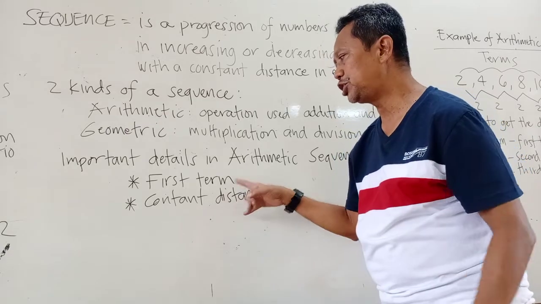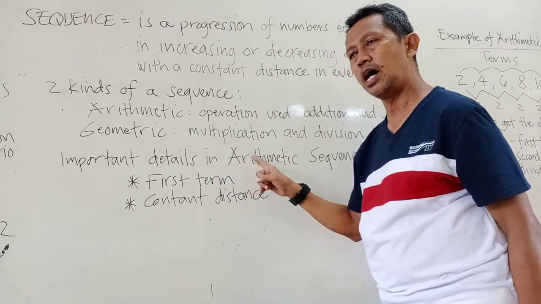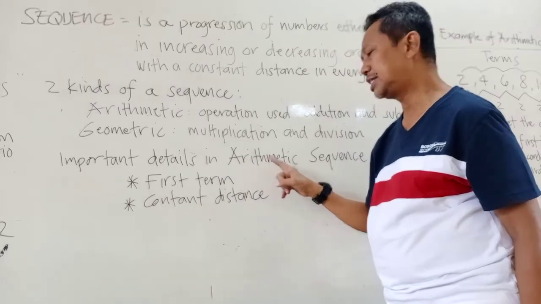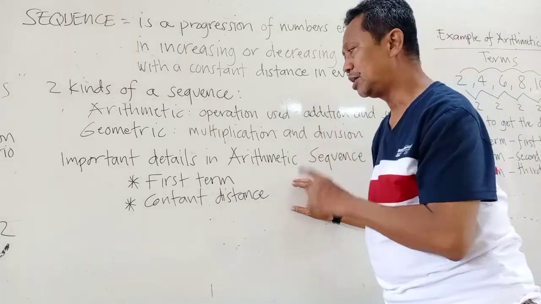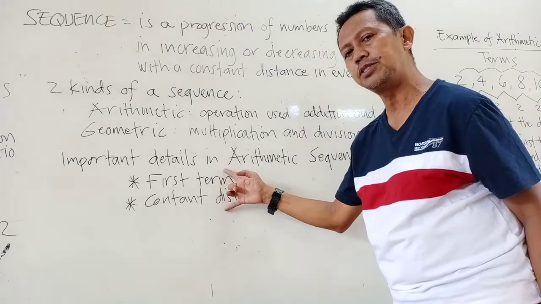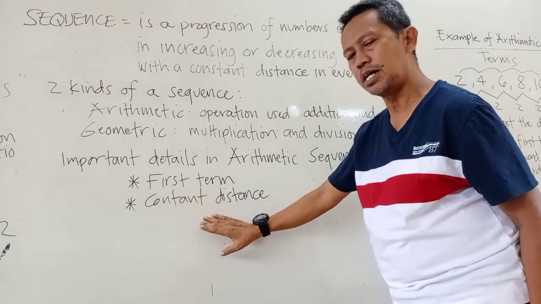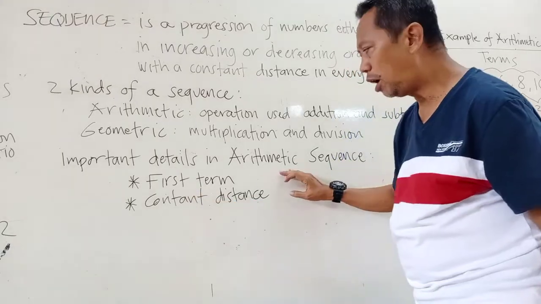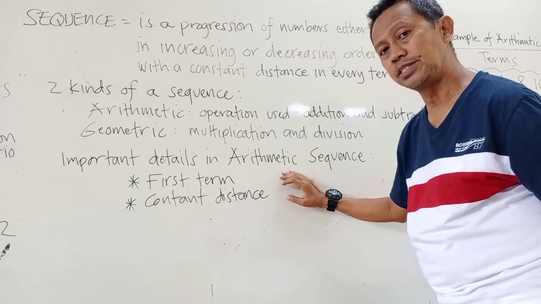Whenever these two are present in a sequence, that sequence is what you call arithmetic. Whenever you encounter these two very important things, the first term and the presence of a constant distance, you are manipulating an arithmetic sequence.